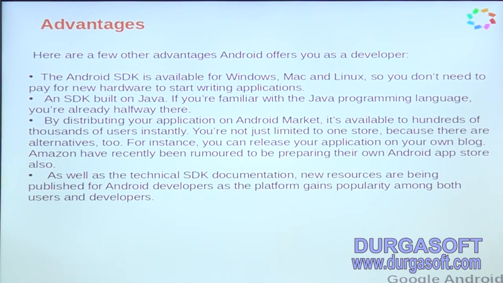You can, for instance, release your application on your own blog. It also has two kinds of environments, alpha testing and beta testing, and production. Alpha testing means you release the product only to a group of people, not to everyone else who doesn't have access.